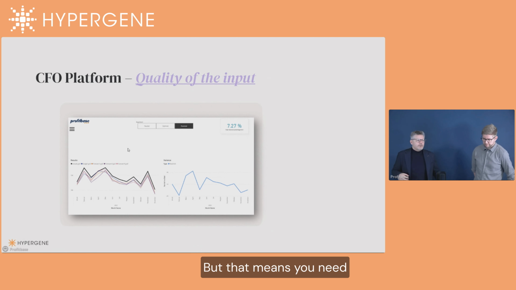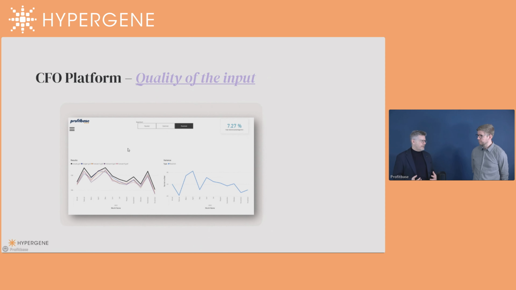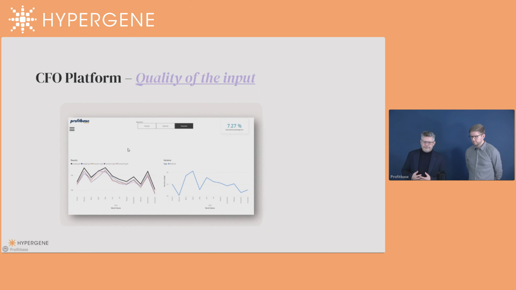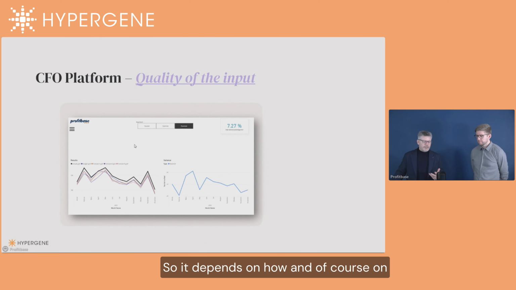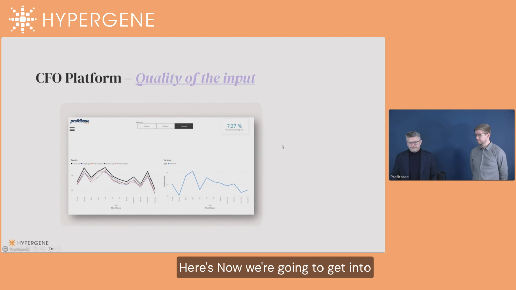But that means that you need to distribute it to the people and have a system and support for that. Yep. If not, it's going to be kind of doing the best you can from a central place. So that depends on your business model and everything. But yeah.